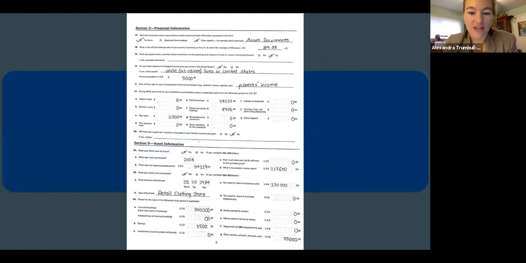Okay, so here's where we start getting into more of the nuts and bolts. Section 3, financial information. What documentation will you be presenting to verify income and asset information? This relates to that support financial documentation I listed. It's not enough just to submit the ISFA. We do need to see proof of whatever that support amount is.